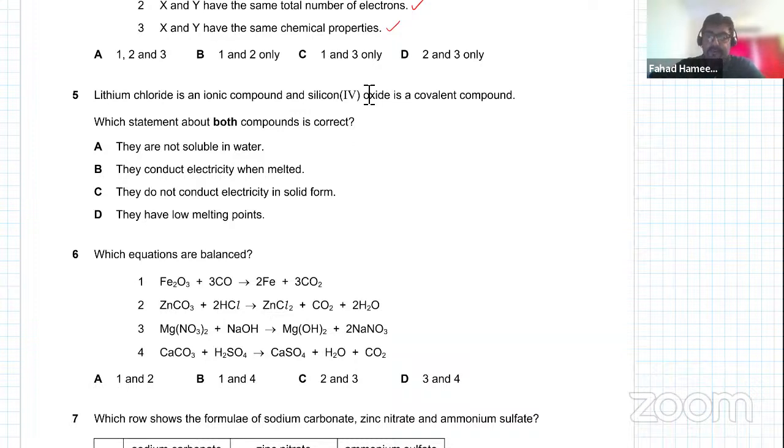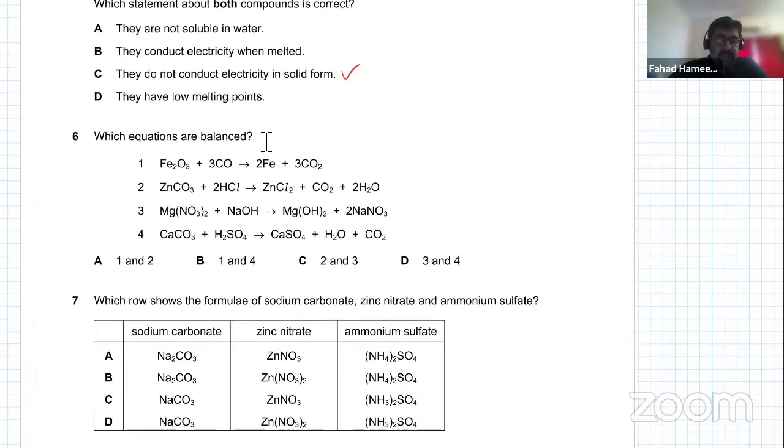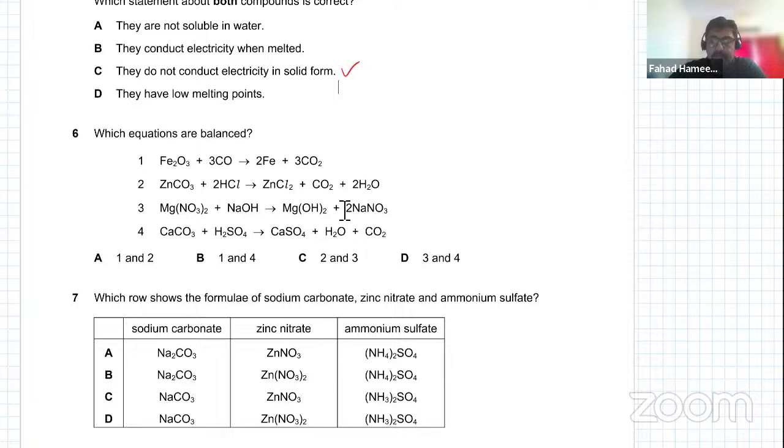It's a giant covalent structure. It's C. They do not conduct electricity in solid, because ionic compounds don't conduct in solid and sand doesn't conduct. Ionic compounds, however, conduct in molten and aqueous state.